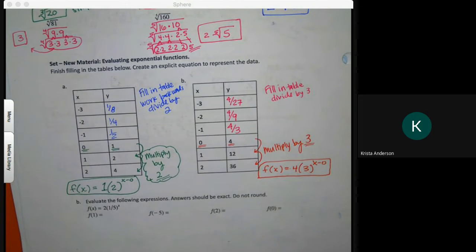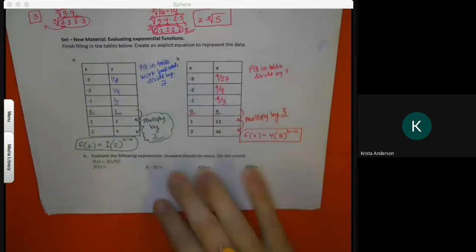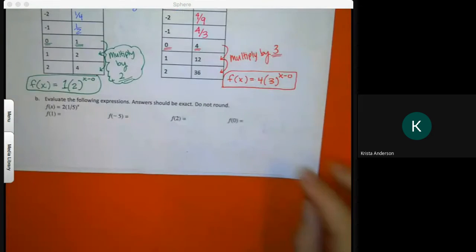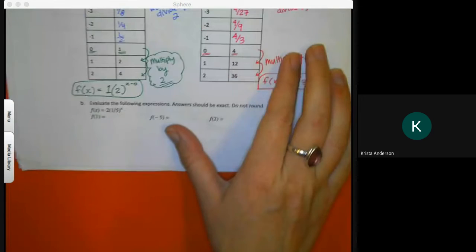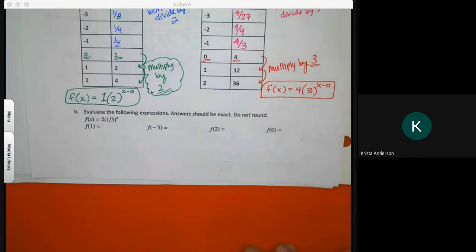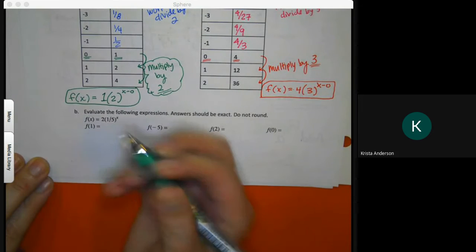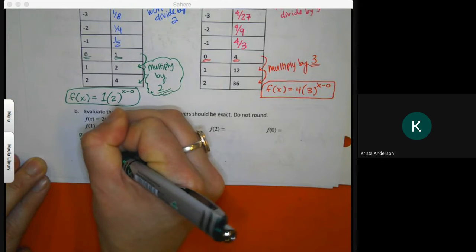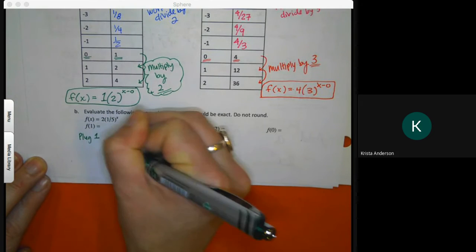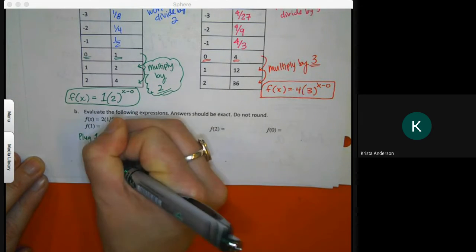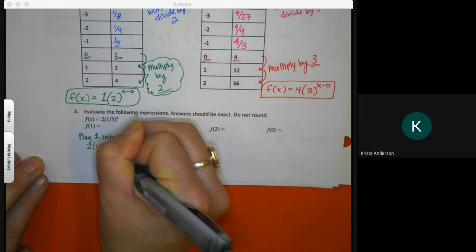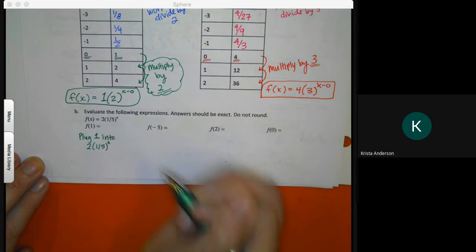Any questions? All right, next one for evaluating the following expression. This is where you will want to use your calculator. When it has the parentheses f of 1, I'm going to plug 1 into 2 times 1/5 to the x.